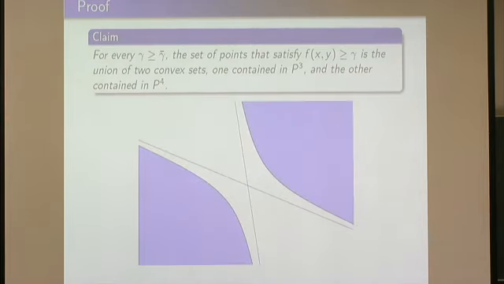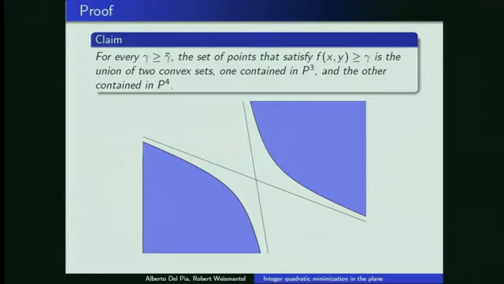And symmetrically, in these other two regions, we just have to reverse the signs. So for every value of gamma bigger than gamma bar, this set is also the union of two convex sets. And now we somehow have to handle them.